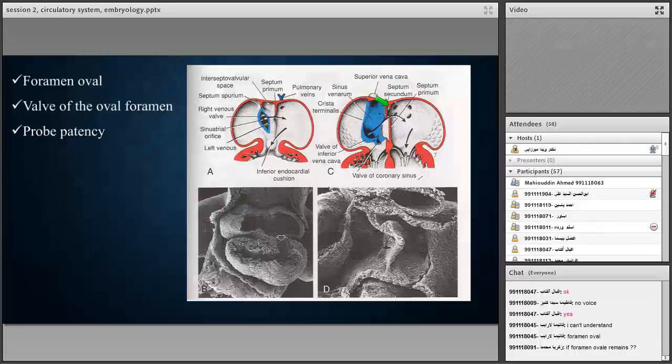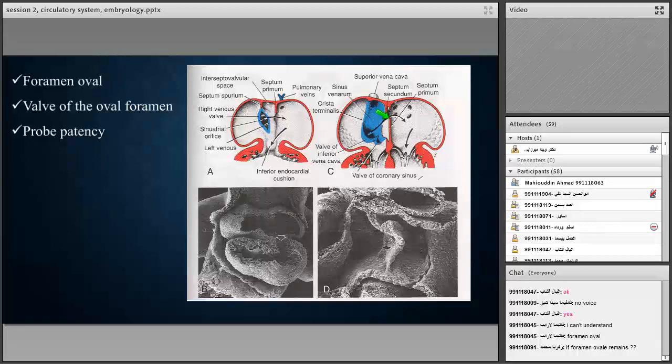And when the upper portion of the septum primum disappears, this part is disappearing because of cell death and forming ostium secundum.